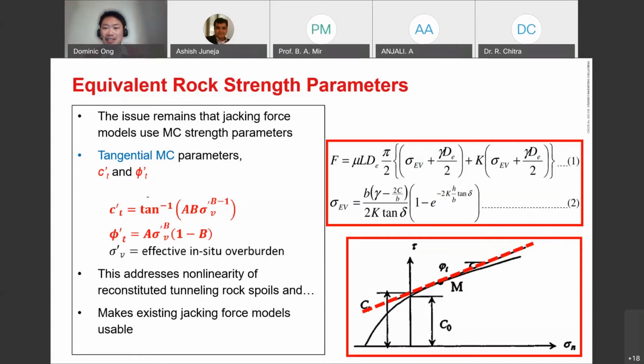From your x-axis, the confining pressure, find that particular point on the curve you have just defined using the power law, fit a tangent to it, and from there you get your c dash T and your phi dash T. If you rearrange the equation, you can get c dash T and phi dash T in terms of your power law parameters A and B. With that, we find a very consistent way to characterize various types of geological occurrences encountered on site, and to continue using the Pelli-Bucco equation to do the back analysis.